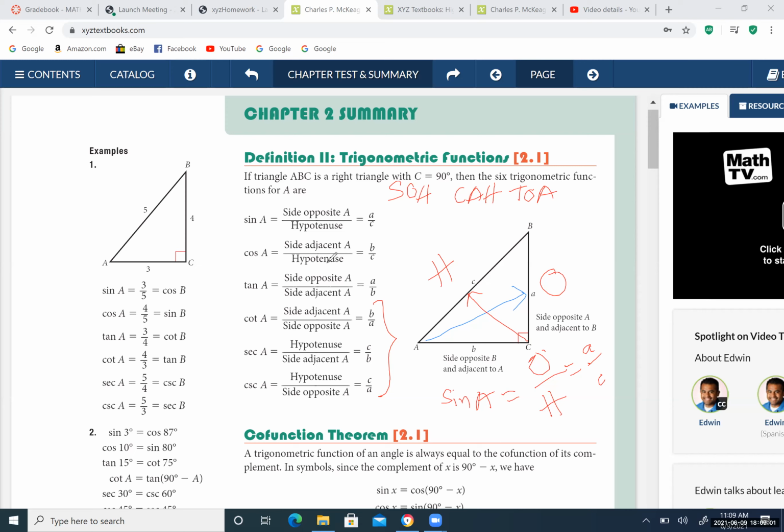Cosecant, which is the last one, is the opposite of sine, because cosecant of something equals 1 divided by sine. So that's how you learn the second definition for trig functions.